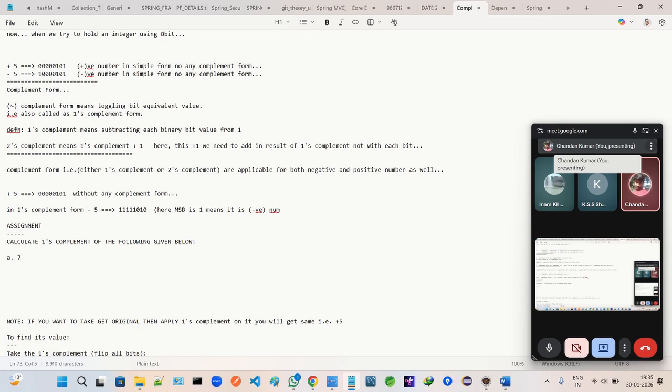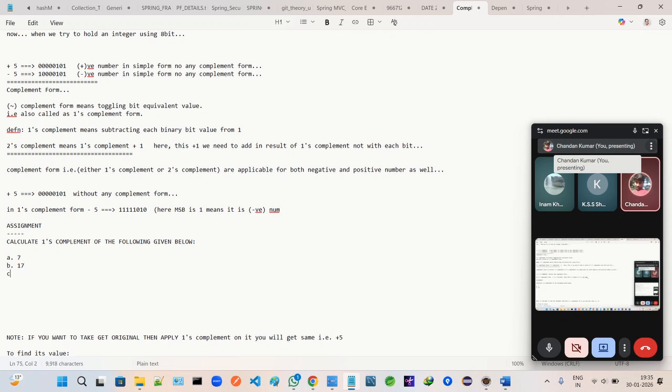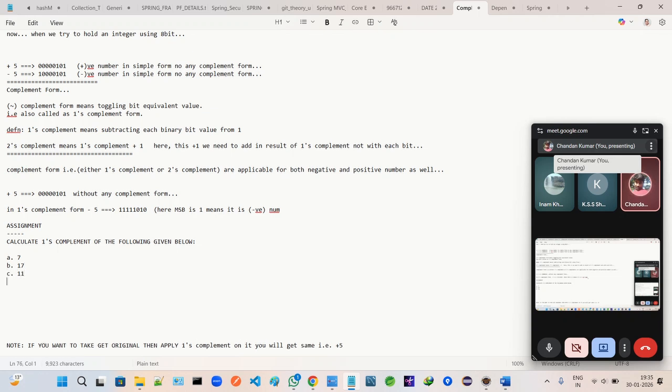B, 17. C, 11. D, 33. This is your assignment. You have to create only the one's complement, and these are all positive numbers only.